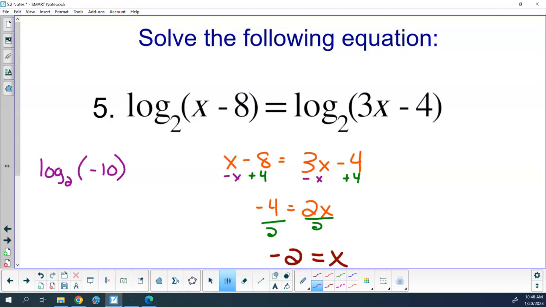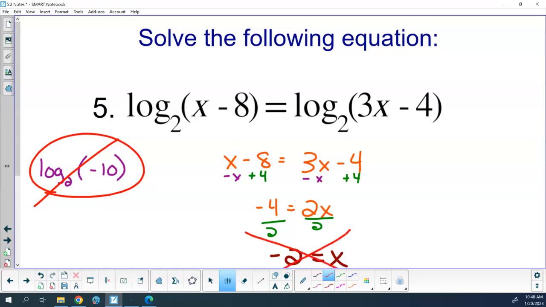Can't have a negative argument, right? Got to be a positive argument. So what's my answer? No solution. That, ladies and gentlemen, is why it is so important to do that step number 4.